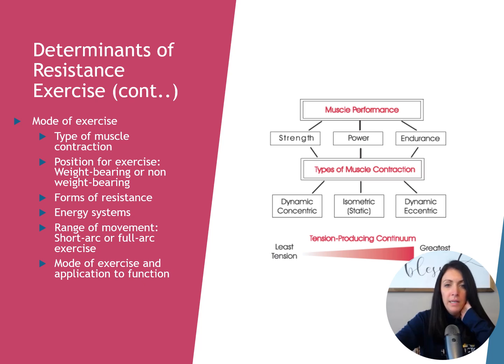With accommodating resistance, you can have an isokinetic dynamometer, which will control the velocity while adjusting the external resistance. You can also utilize body weight or partial body weight as a source of resistance in exercise, especially in an anti-gravity or gravity-minimized position, and then progress from there.